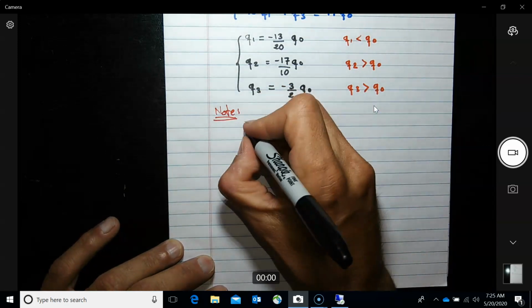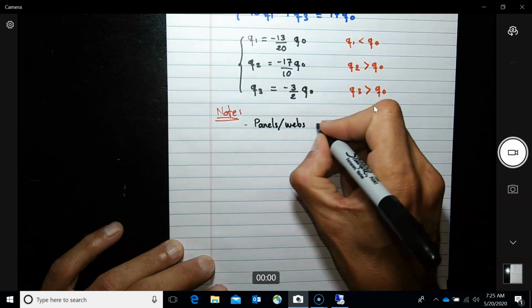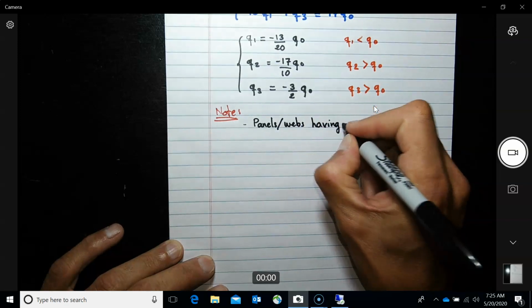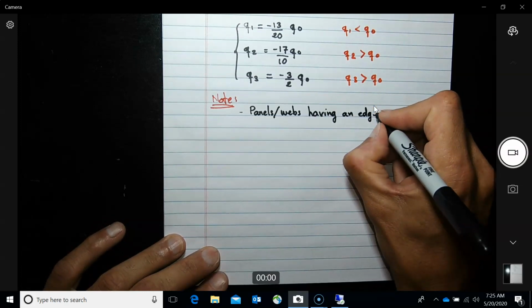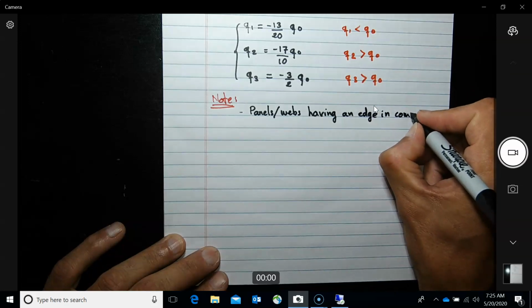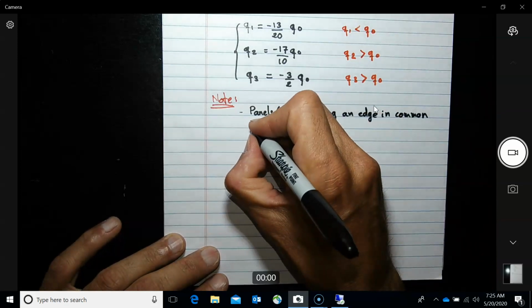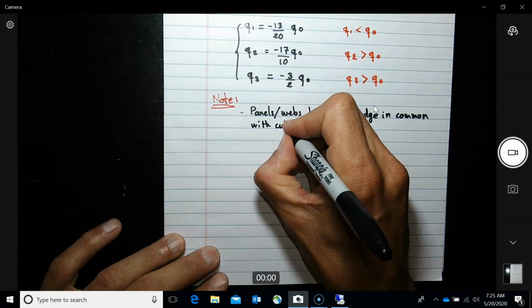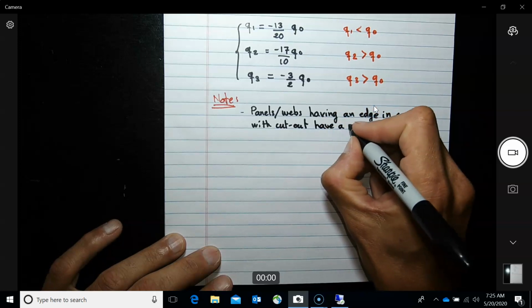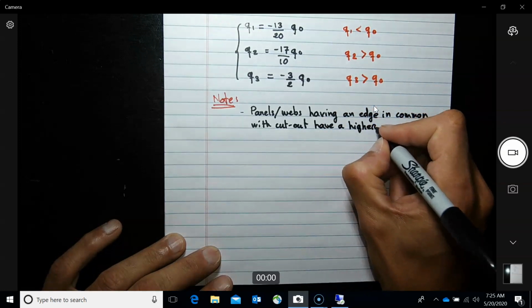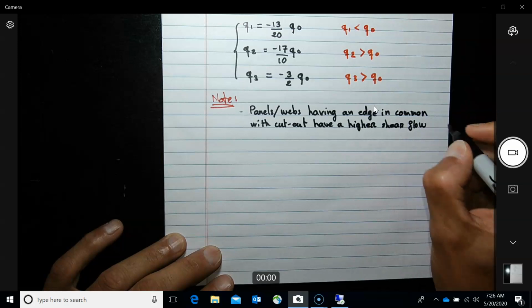So let's over here, note. Our observation will be that panels/webs having an edge in common with the cutout have a higher shear flow.